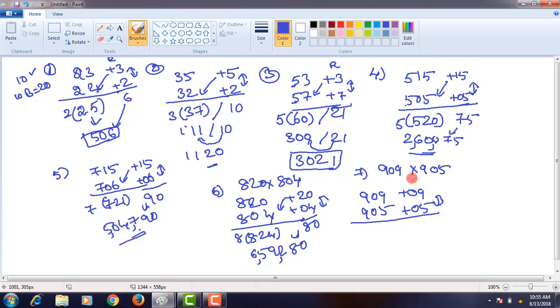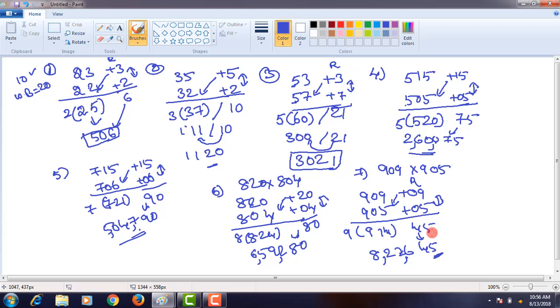We follow vertical multiplication to get the right part of the answer, so that we will get 45. Then cross addition, so that we will get 914. To get the actual left part of the answer, this has to be multiplied by 9. On multiplying 914 by 9, we will get 8,226, and this is 45. Writing together, we will get 822,645 as the answer for this question.